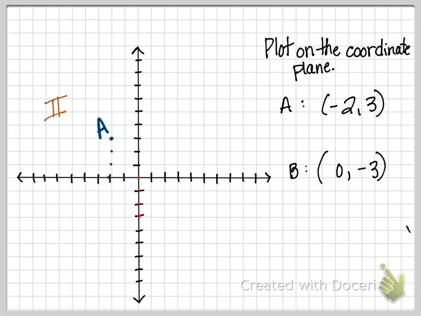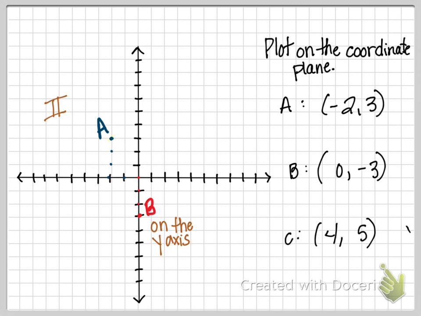So point B is right here. If we're asked to describe the location, point B lies on the y-axis. It's not in either quadrant, right? Because it's on the axis. So we can't say it's in quadrant 3 or quadrant 4. It is on the y-axis because it's on the axis going up and down.